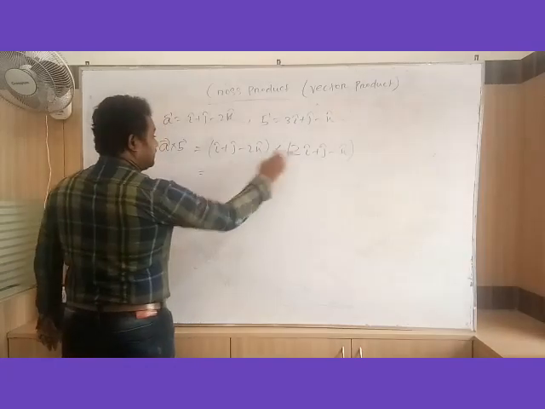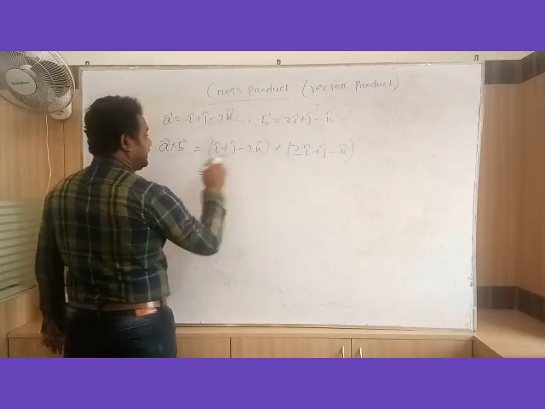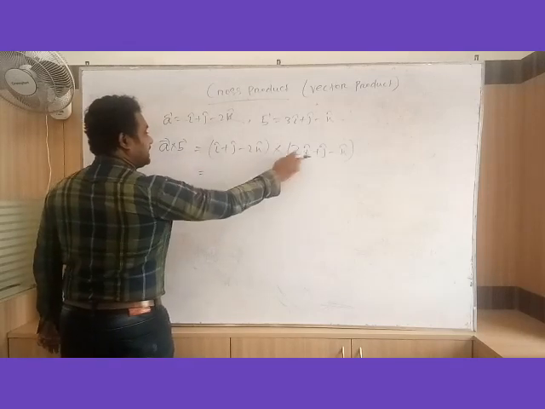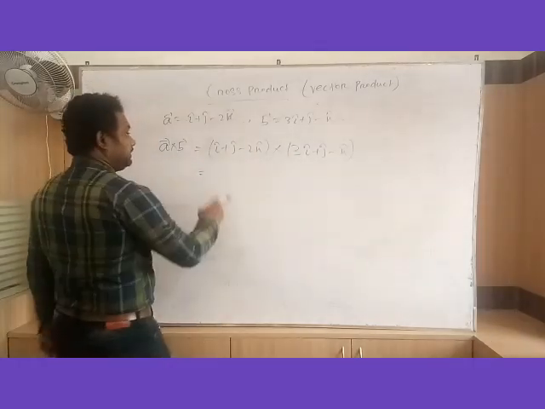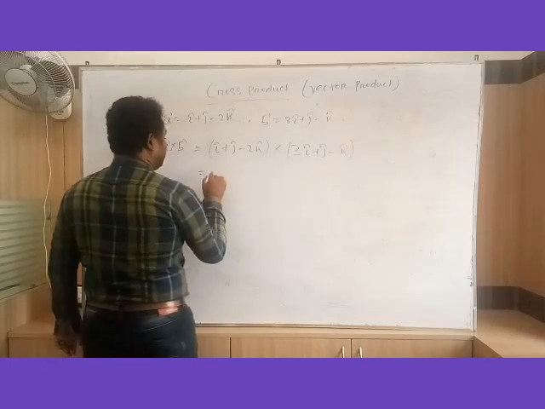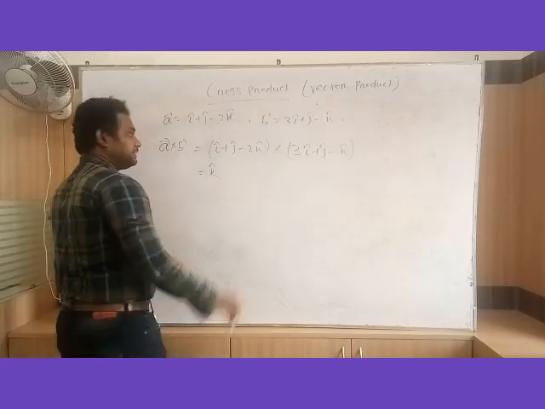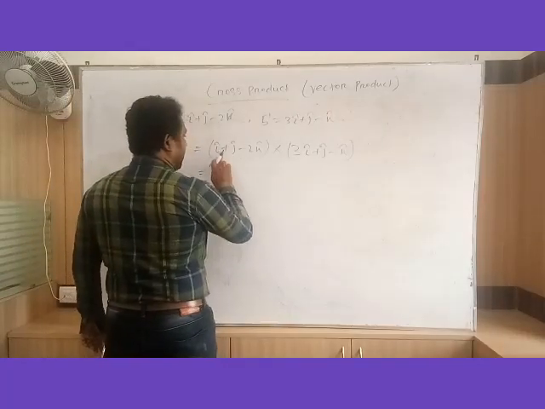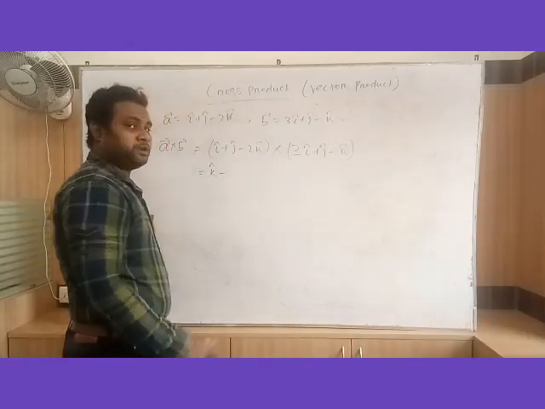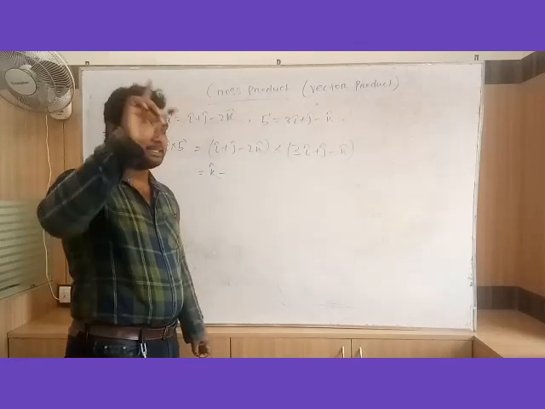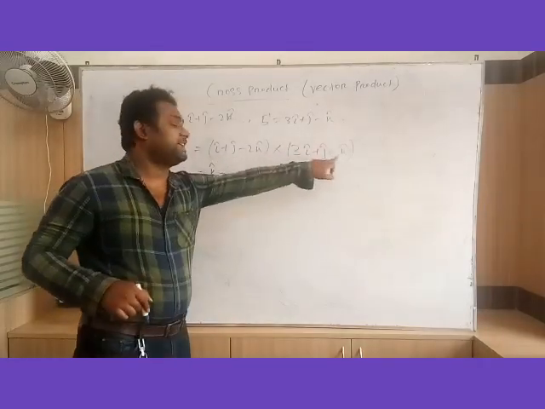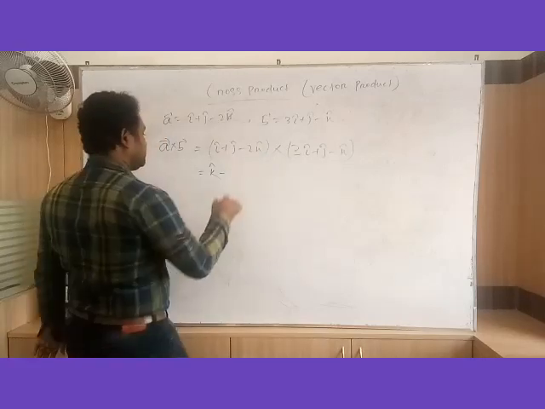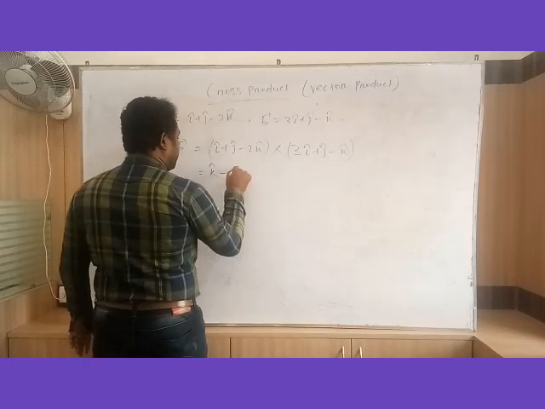So now take the cross product. I cross 3i, I cross I is 0. I cross j becomes k cap. Minus I cross k. We know k cross I is j, but I cross k is minus j. So this is minus j.